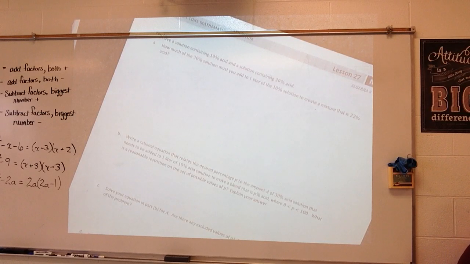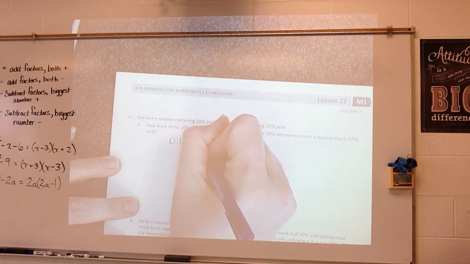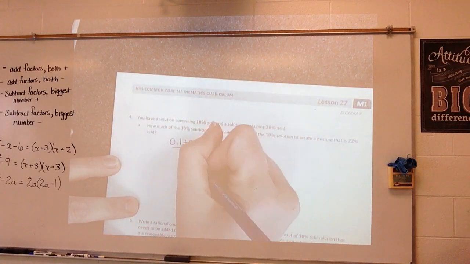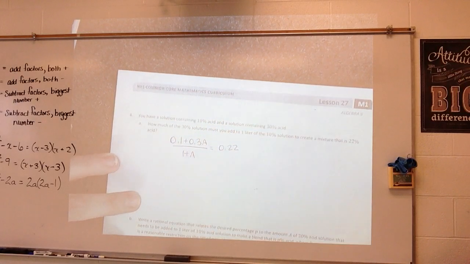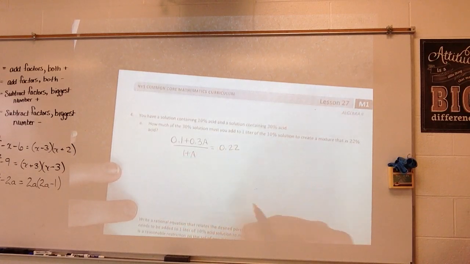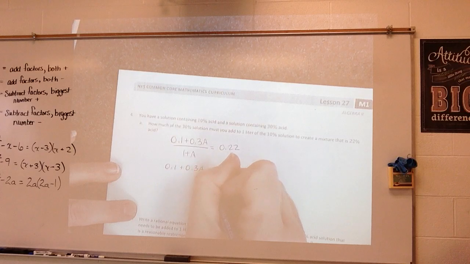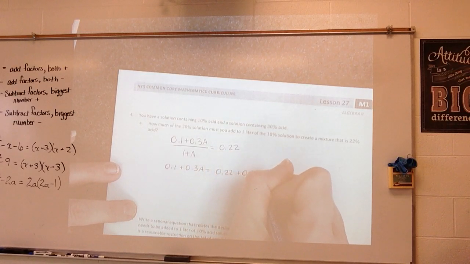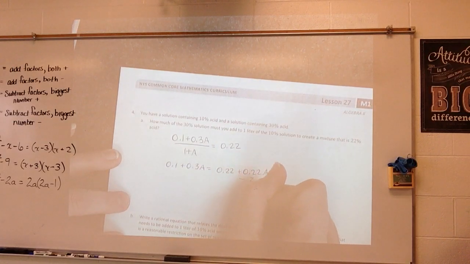Alright, so we're going to set this up. 1/10 plus 3/10 A over 1 plus A. And we want that to be 22%. Alright, so go ahead and multiply through 1 plus A. So I get 1/10 plus 3/10 A is equal to 22/10 plus 22/10 A. Alright, subtract that 22/10.